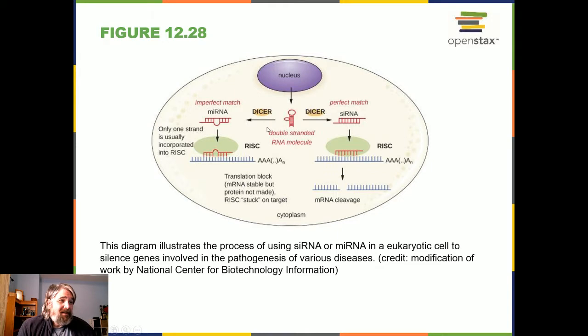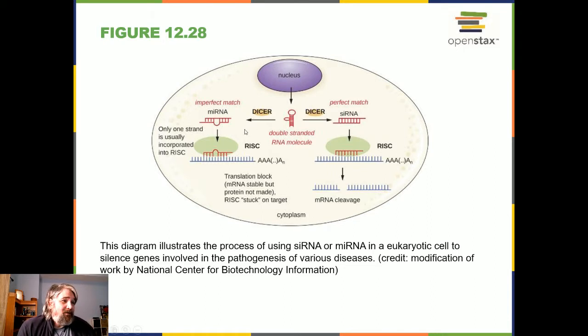So Dicer and Slicer and all that you're going to learn about in one of your molecular biology classes. But we're looking at microRNA and silencing RNA here. Here's an example. We have the microRNA that is binding to the messenger RNA, and it's able to block translation. Sometimes microRNAs are used to increase translation rates.